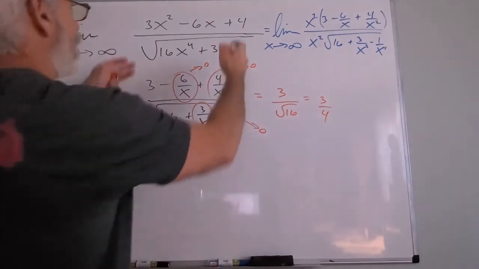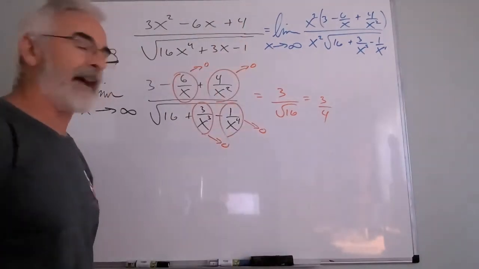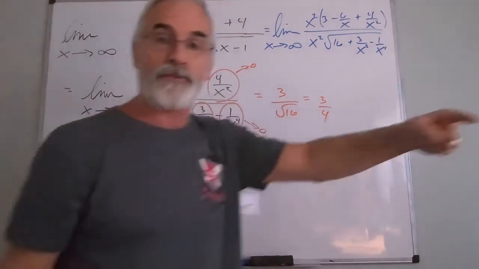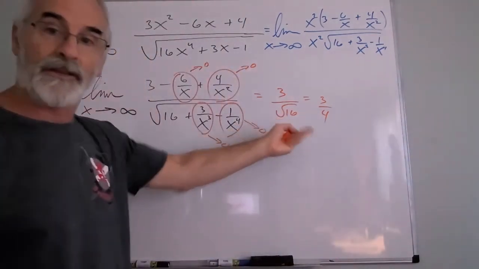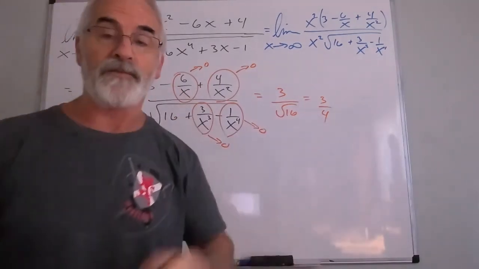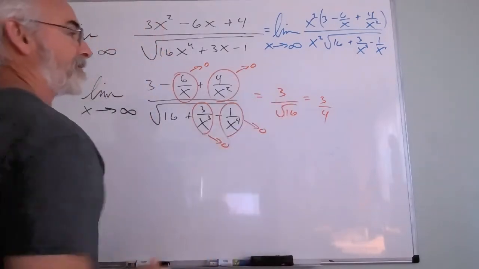Graphically, it means that whatever this looks like, I have a horizontal asymptote y equals 3/4, because as x grows without bound, this curve will disappear into that horizontal asymptote. That's what this tells me. Now remember, I still could have gotten 0 as a limit. I still could have gotten infinity as a limit. Everything's fair game. We got 3/4.